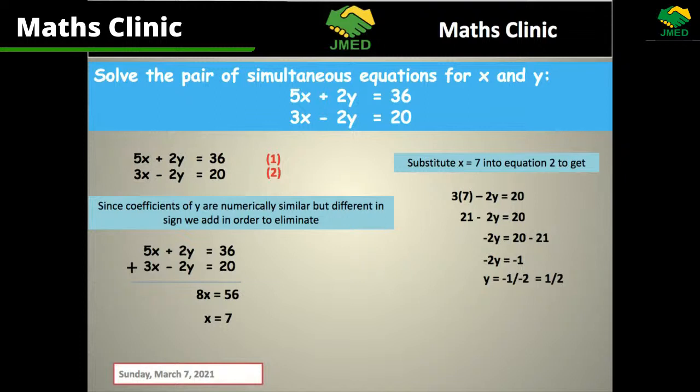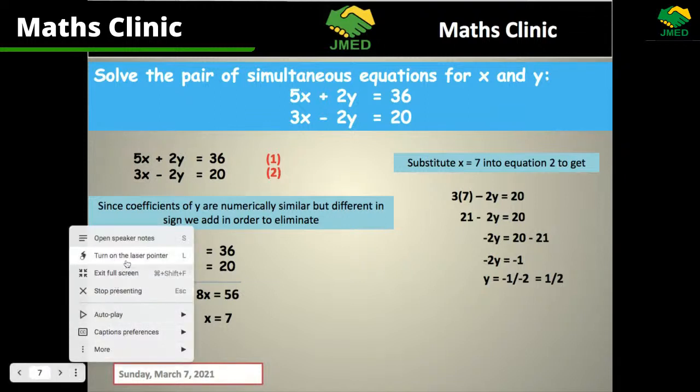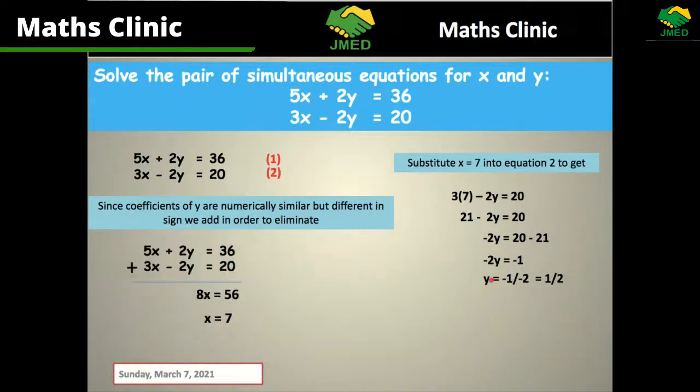So minus 1 over minus 2. In this case, we can simplify that further because a negative divided by a negative is always a positive. So y is equal to half. And then my bad habit, as I said before, is to rewrite the answers. x equals 7 and y equals a half. So I provide a pair of solutions because they do operate in pairs, you see.